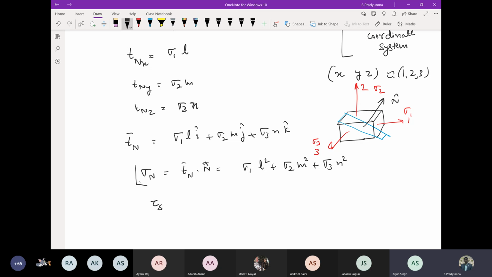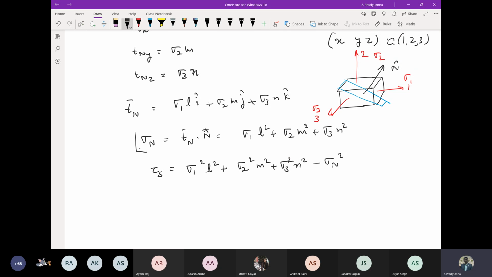Sir, sigma 1 into L. That is equal to sigma 1 square L square plus sigma 2 square M square plus sigma 3 square N square minus sigma n square. Correct? Or I can also write tau s square is equal to magnitude of this Tn square minus sigma n square.